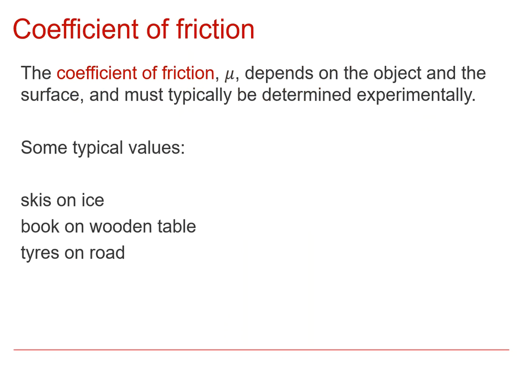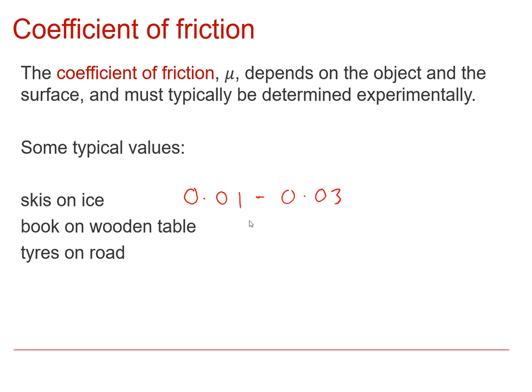So this coefficient of friction, as we said, depends on the materials that the object and the surface are made from, and so in reality you'd have to determine that by doing an experiment. There are some typical values. If you had skis on ice, obviously they're designed so that they slide along the ice, so that would be a very low value, for example maybe 0.01 to 0.03. Notice that this coefficient of friction is dimensionless, so there are no units.